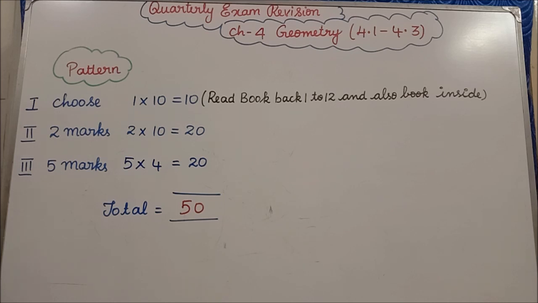For all the calculations, you have to draw a column at the side of your paper. Every calculation should be mentioned in the answer sheet. I will check everything. For your neatness and presentation also I am going to give you marks. Clear? So this is your question paper pattern. Now we'll start revising chapter 4. Clear, all of you?